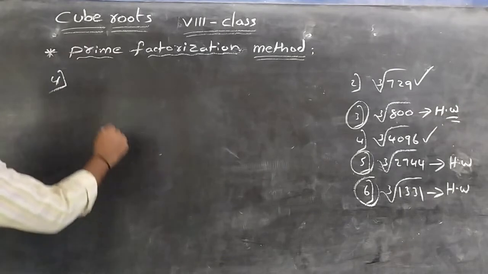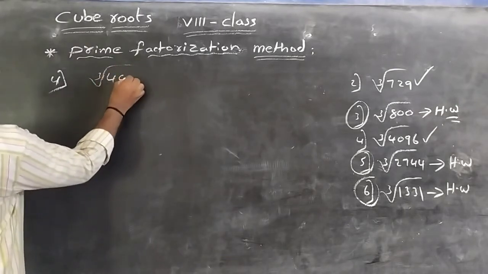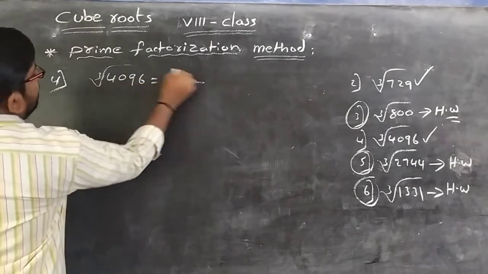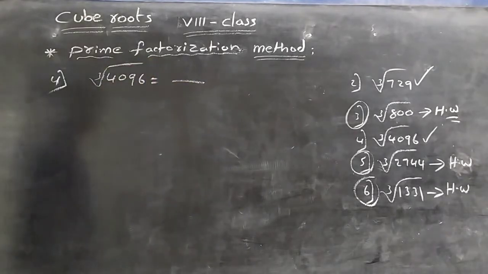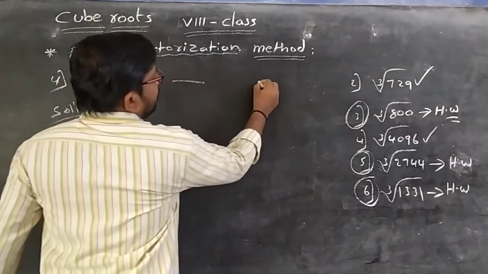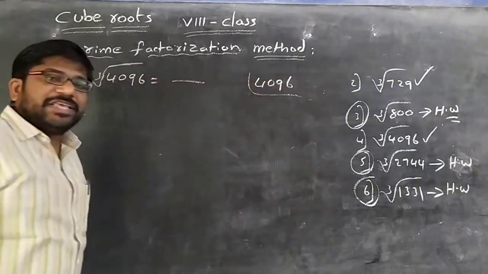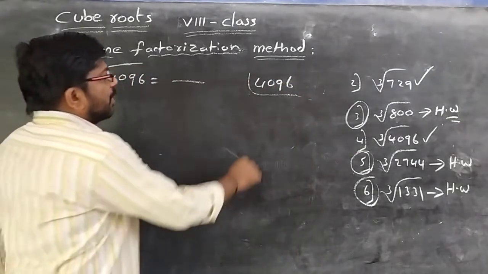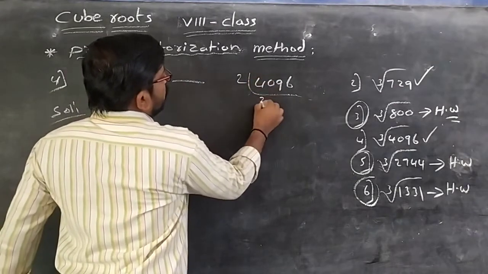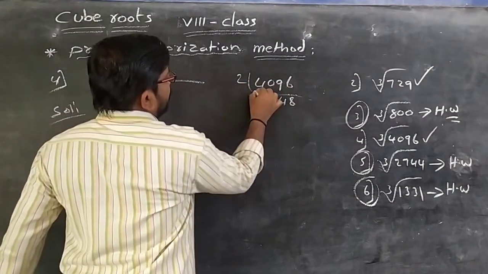Cubic root of 4096. First write the given number as the product of primes. 4096 is an even number, so it goes to 2, the first prime number. 2 2s are 4, 2 4s are 8, 2 8s are 16.